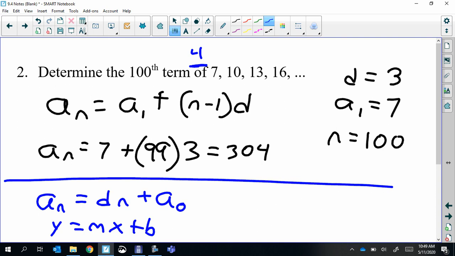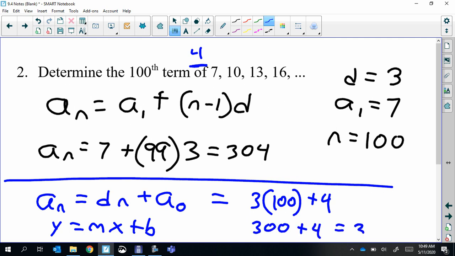So we know d is 3, we know n is 100, and a0 we just found was 4. So that's 300 plus 4, which is 304. Same answer. It doesn't matter how you get there; it just depends on which formula you like better. They're both pretty easy.